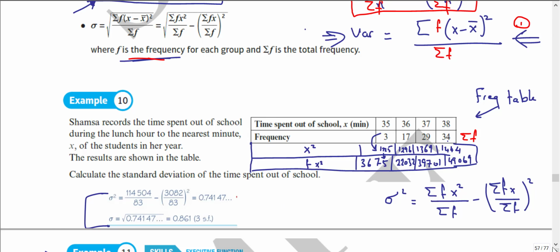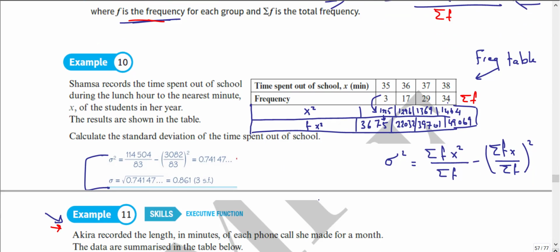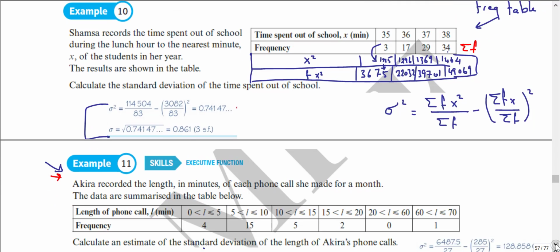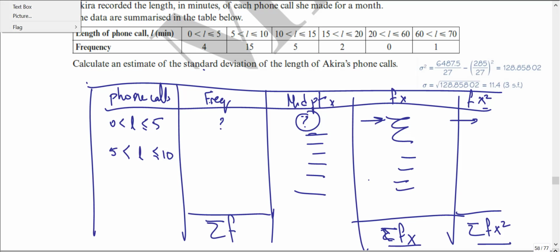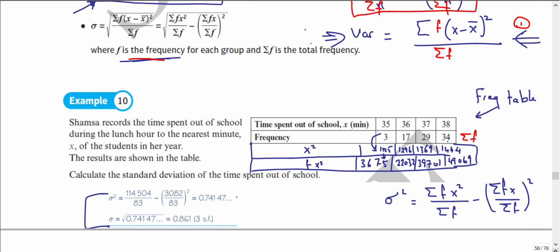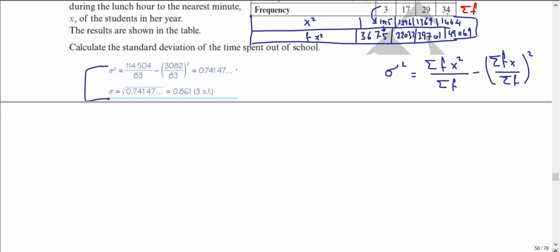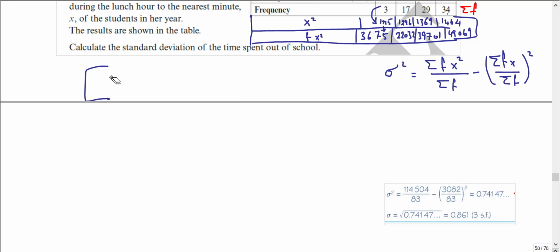Now it's time to substitute in the rule. Where is the rule? This is the rule. We have the variance.